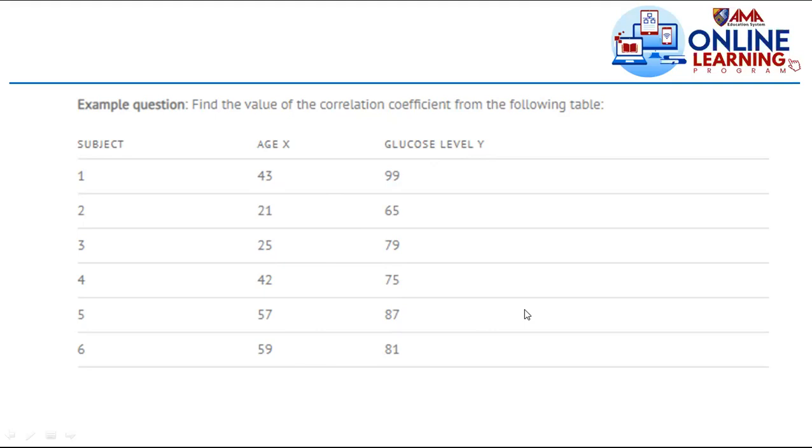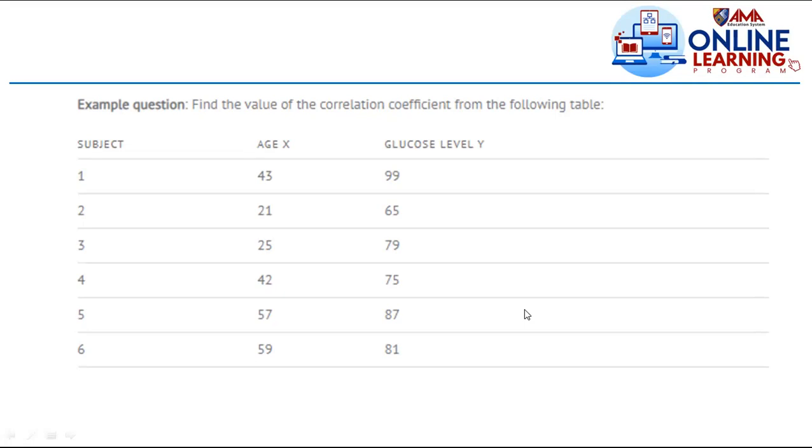So ano ibig sabihin ng positive correlation or negative correlation, na discuss muna natin? Or ano yung i-check po natin with these two variable? Okay? So yung two variable na ito, we are going to check na habang tumatanda po ba ang isang tao ay tumataas po ba ang glucose level nila. Yun po yun. Okay? So i-check po natin.